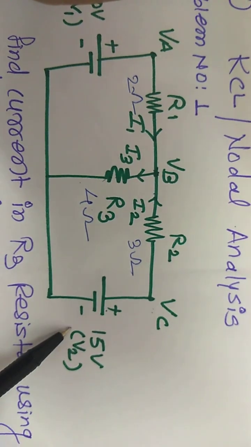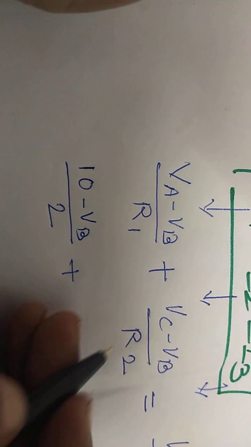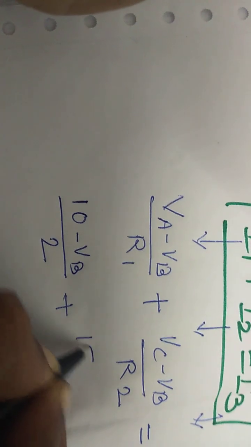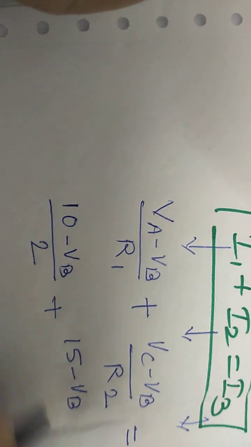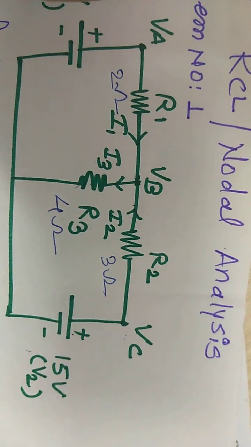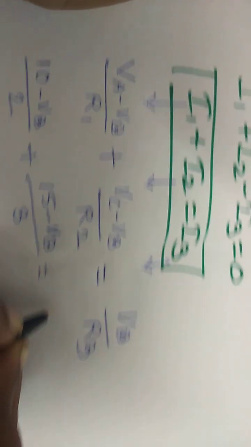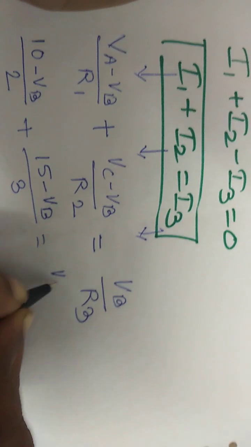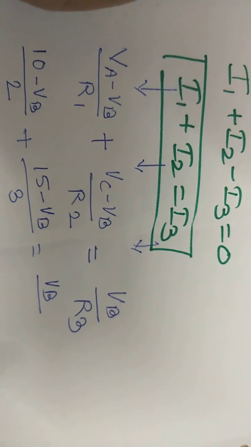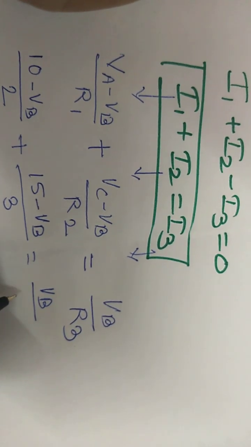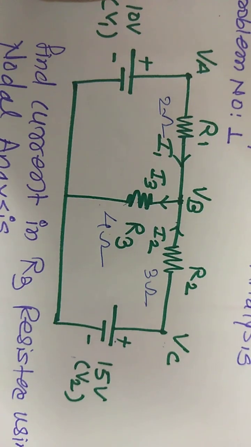The connected voltage is 15. Hence you have to write 15 minus VB divided by 3 ohm, equal to VB by R3. We don't know the VB value, so VB divided by R3, and we take the value of R3 as 4.